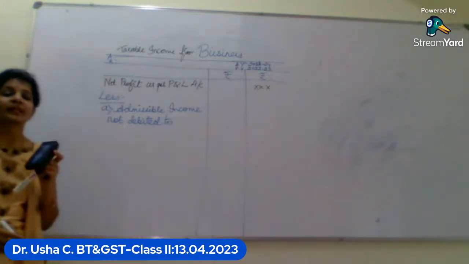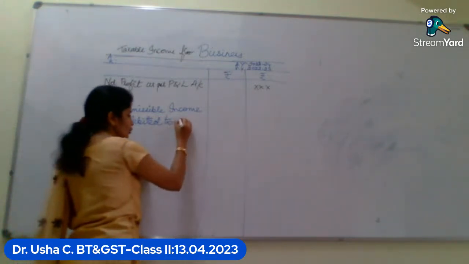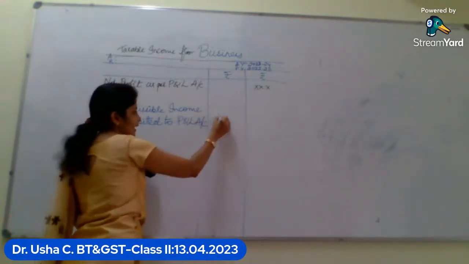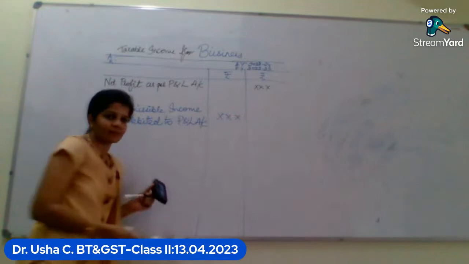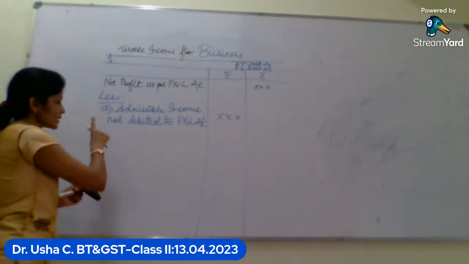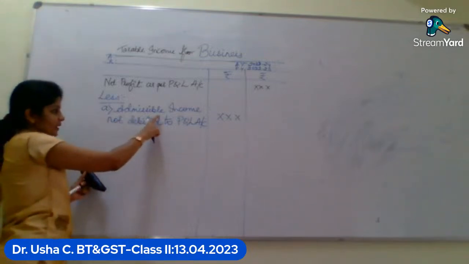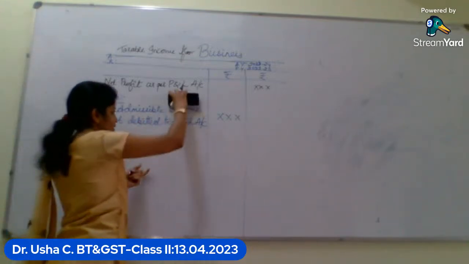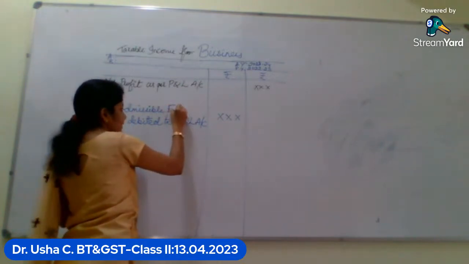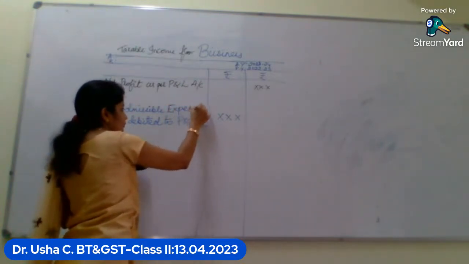Admissible income not debited to profit and loss account. The first very important, listen carefully. This is admissible expenditure, not income, I'm very sorry.